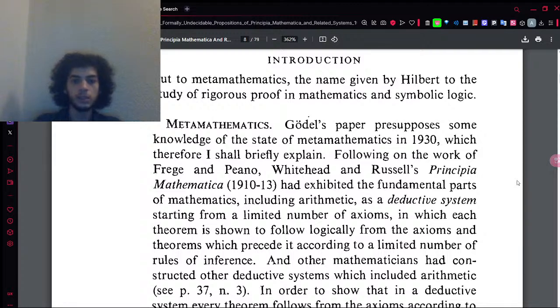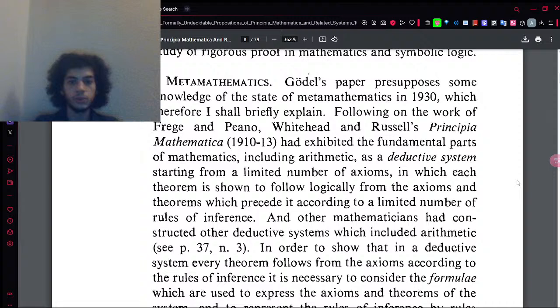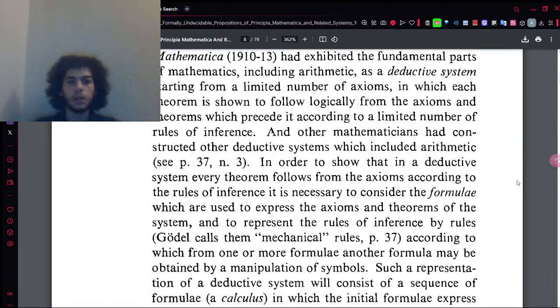And other mathematicians had constructed other deductive systems, which included arithmetic.